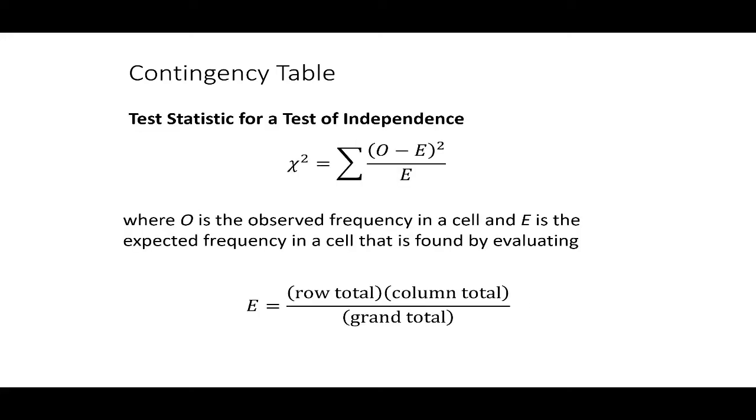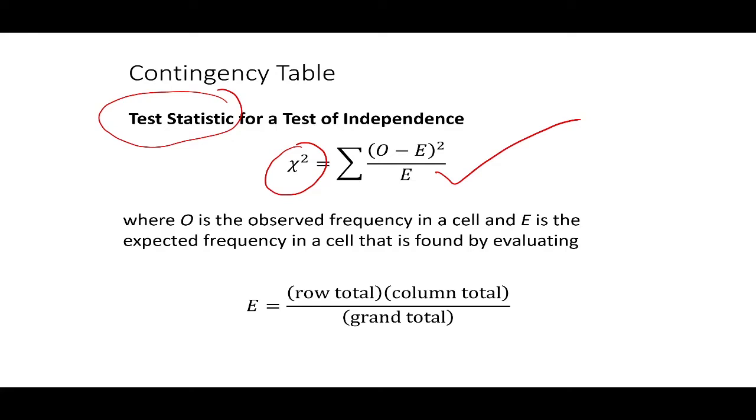This is called the chi-square test, and this is the symbol for chi-square, and this is how we calculate it. This is the formula for calculating chi-square, and this is the test statistic. Like before, we used to calculate the t test and z test. Here it's a chi-square test, and we are going to calculate it using this formula.